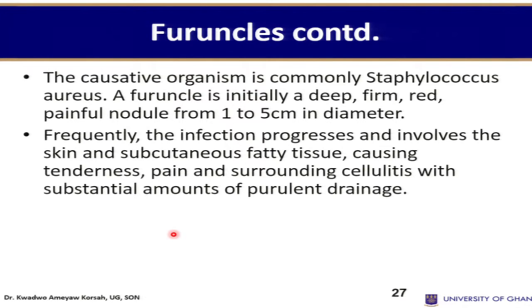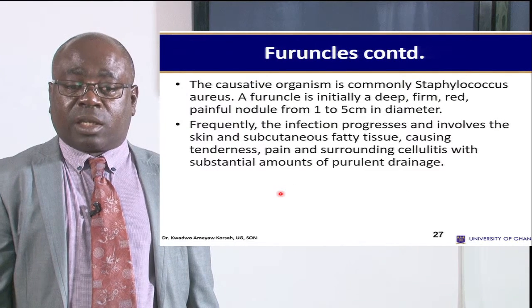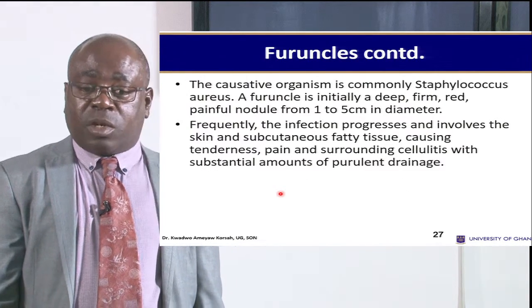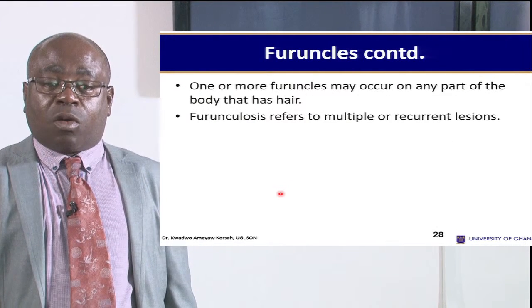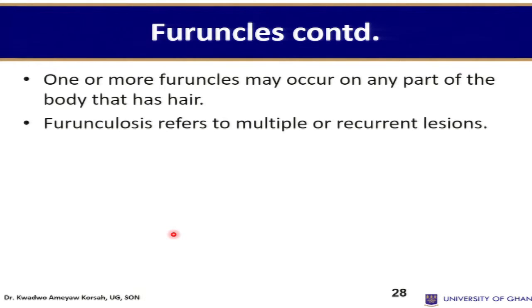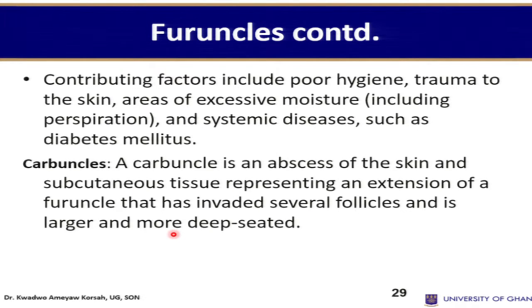And when it reaches subcutaneous fatty tissue, it causes severe tenderness and pain, and then surrounding cellulitis with a substantial amount of purulent discharge or pus is likely to occur. One or more furuncles may occur on any part of the body that has hair, and furunculosis refers to multiple or recurrent lesions.